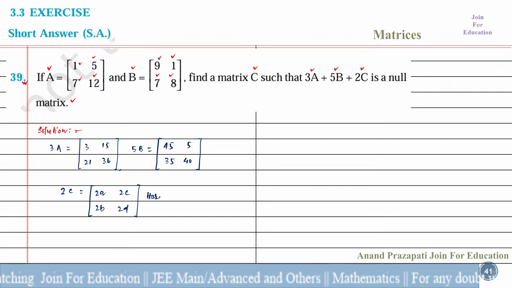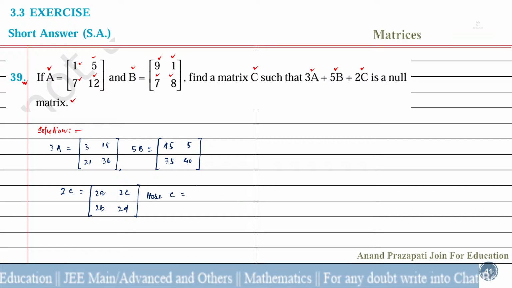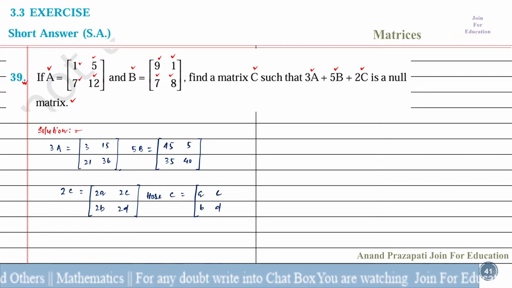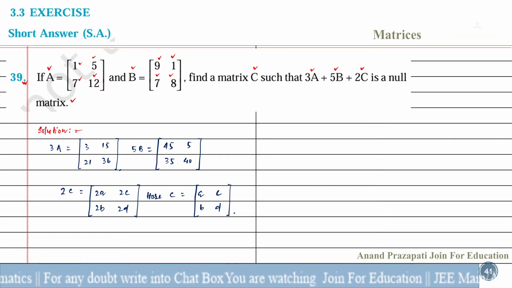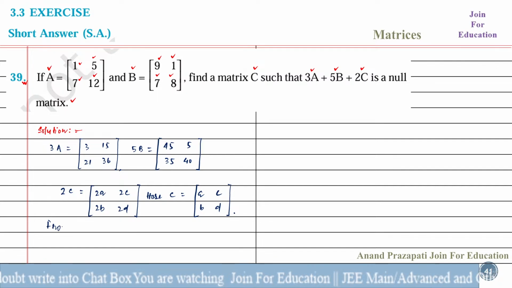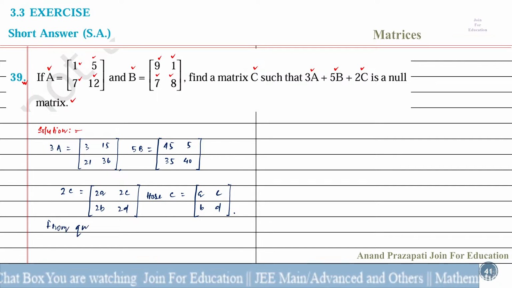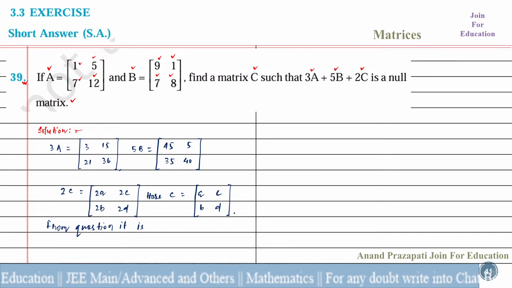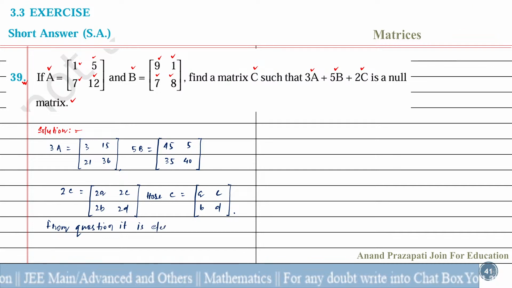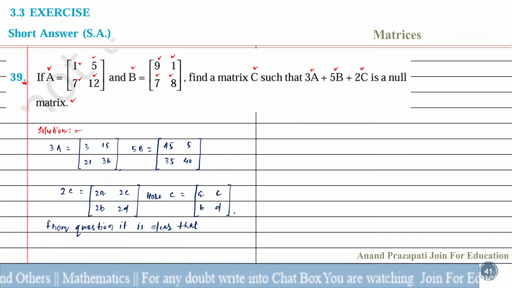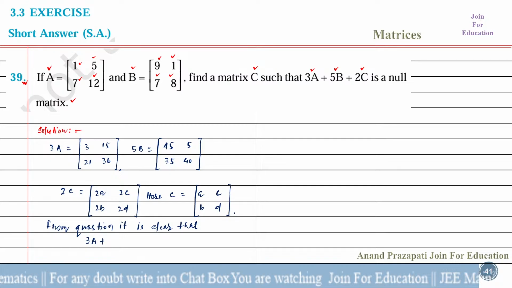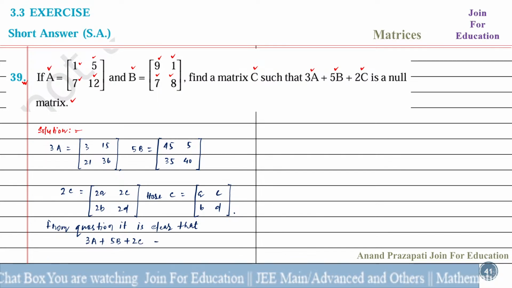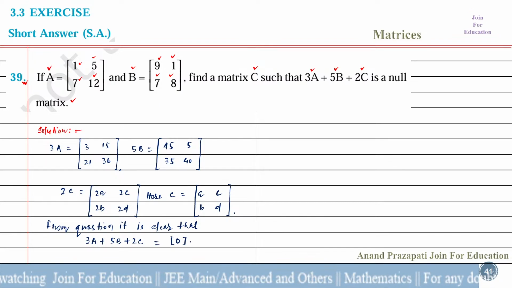Here C equals A, B, C and D. From the question it is clear that 3A plus 5B plus 2C equals 0. This is the null matrix or 0 matrix.